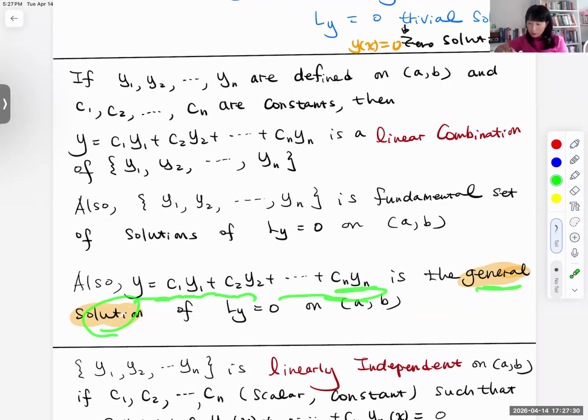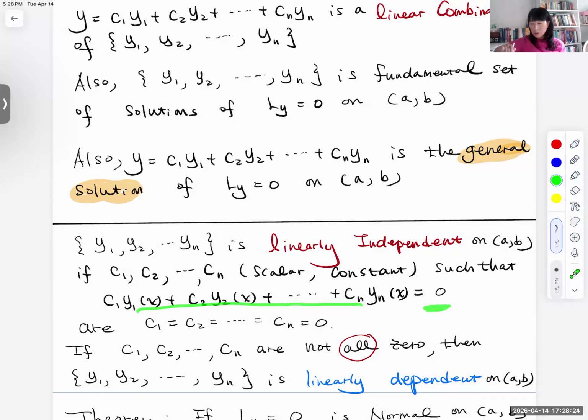So we have the set y sub 1, y sub 2 until y sub n is linearly independent. Then we have scalars, which are constants, and we can express this equal to 0. Yeah, trivial solution.